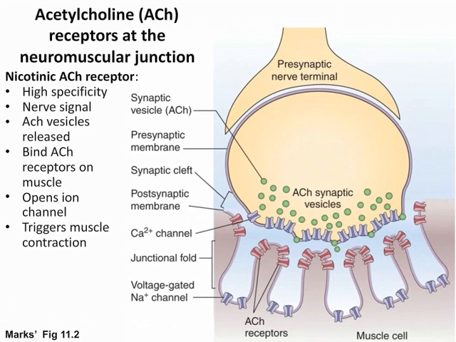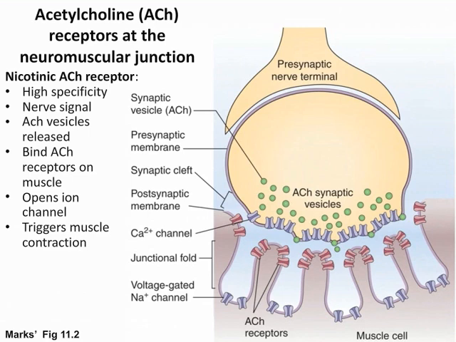The first thing that's going to happen is the calcium channels on that presynaptic membrane are going to open. That's going to lead to an influx of calcium. This influx of calcium is going to cause all those acetylcholine synaptic vesicles to fuse into the presynaptic membrane.